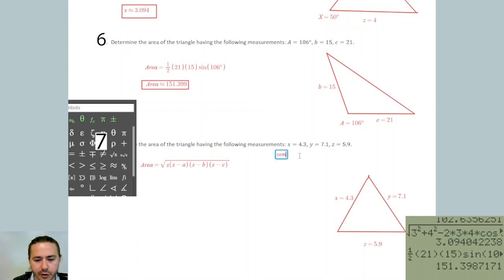So the semi-perimeter, which is S, is half the perimeter, okay? So that's going to be 4.3 plus 7.1 plus 5.9, all divided by 2. Don't know that off the top of my head, so we'll have to calculate that.